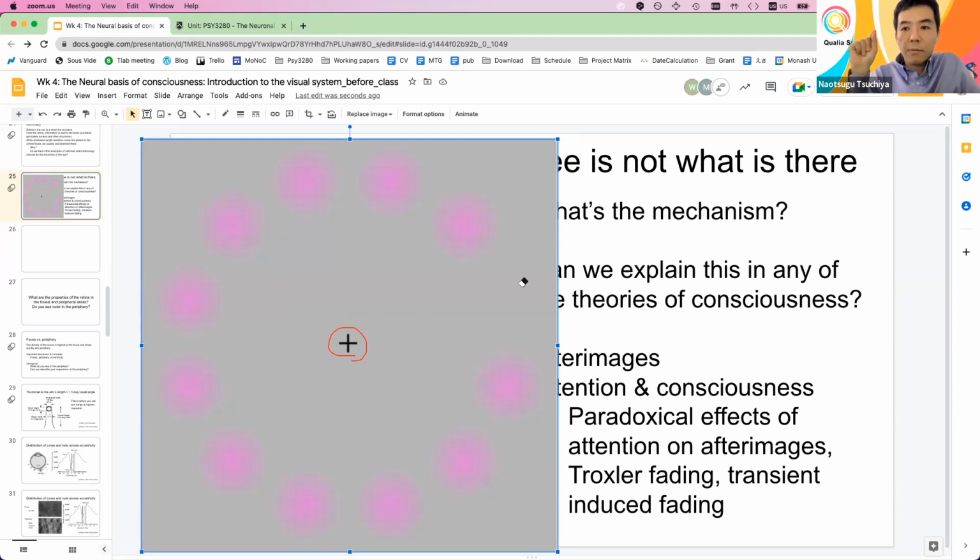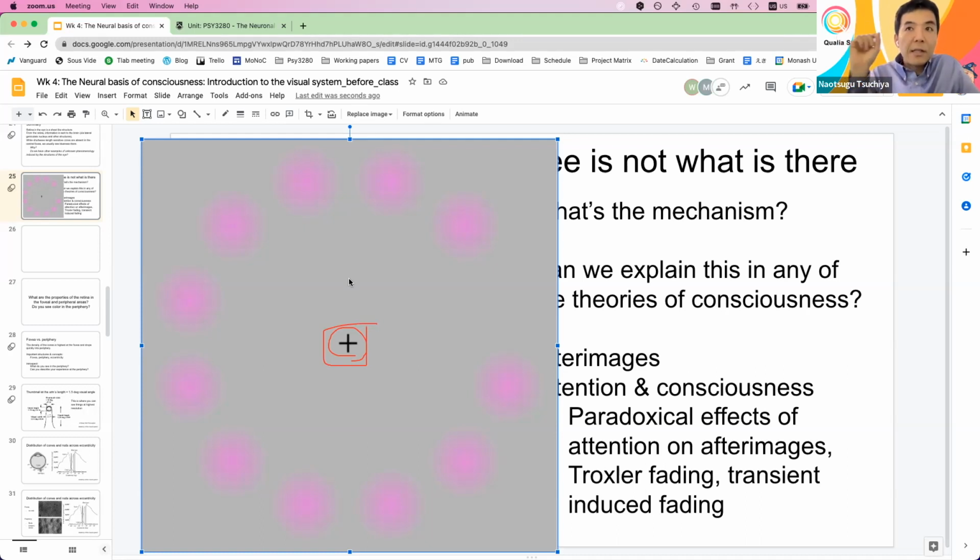Correct? So here again, the important thing is to look at this without blinking and don't move your eyes. Okay, so Wanki, you got it. Great. Yeah, it becomes gray. All right.